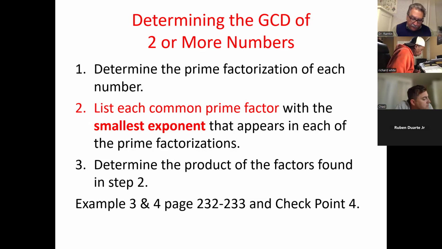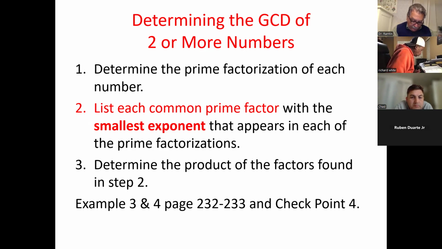Then we find the prime numbers that are common to each. We select each prime factor with the smallest exponent that is common to each of them.